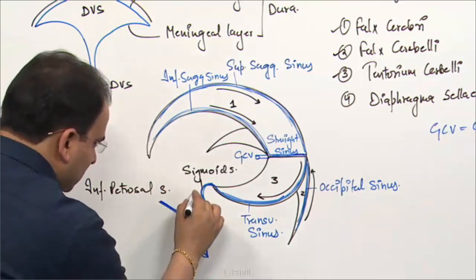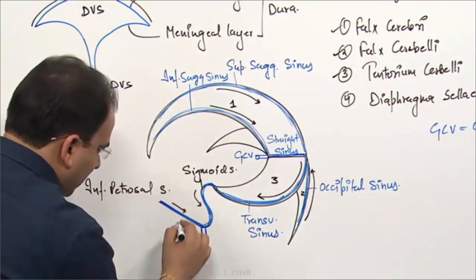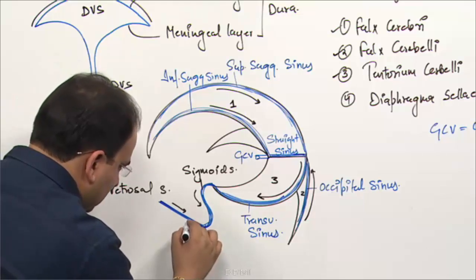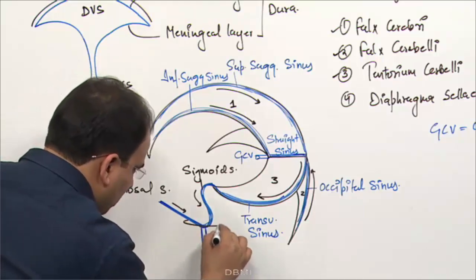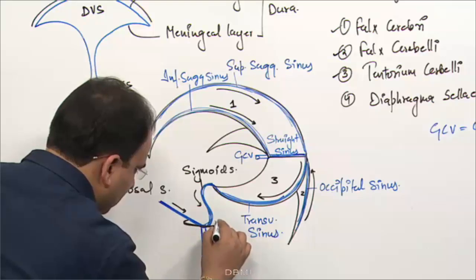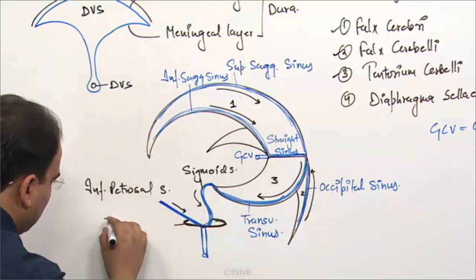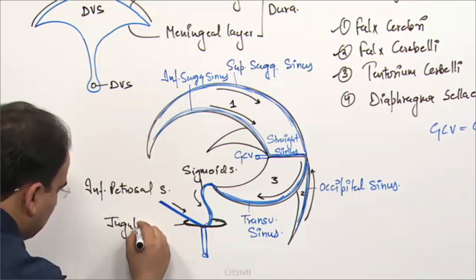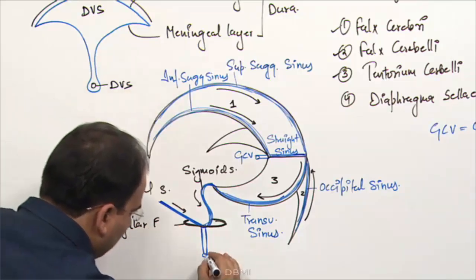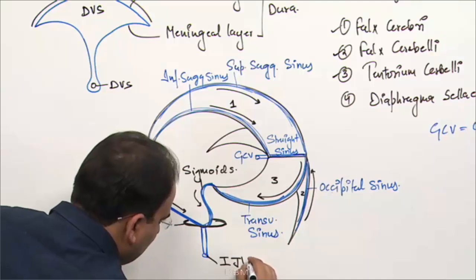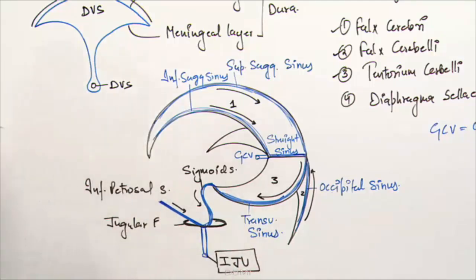Together the sigmoid sinus and inferior petrosal sinus will meet just below the jugular foramen and form the internal jugular vein.